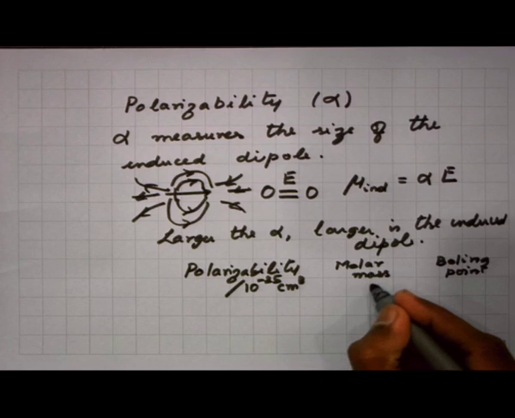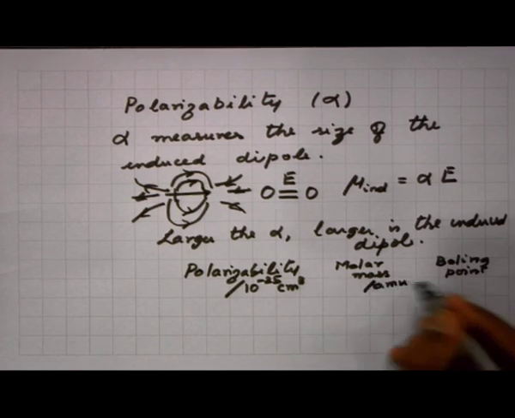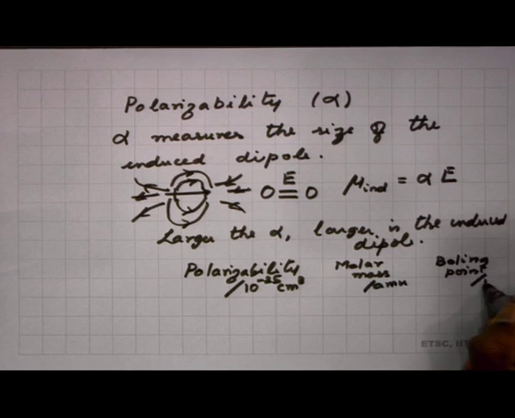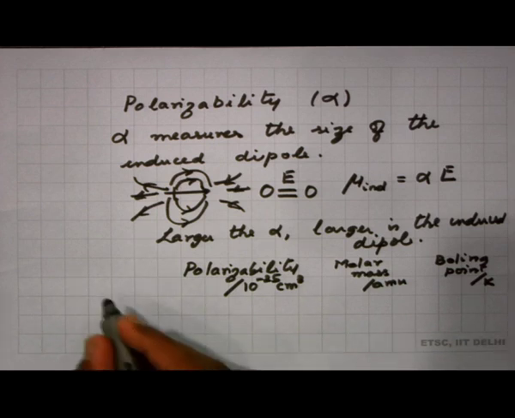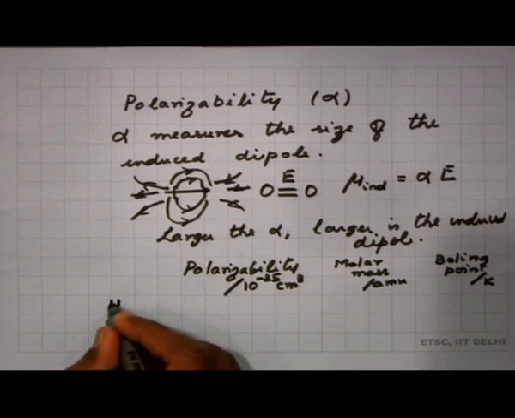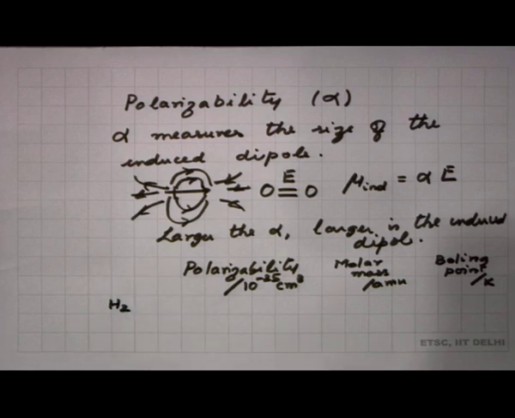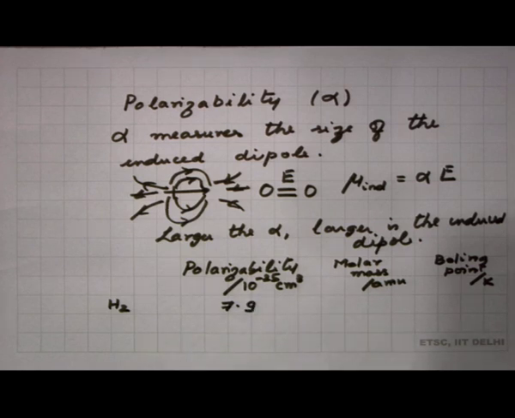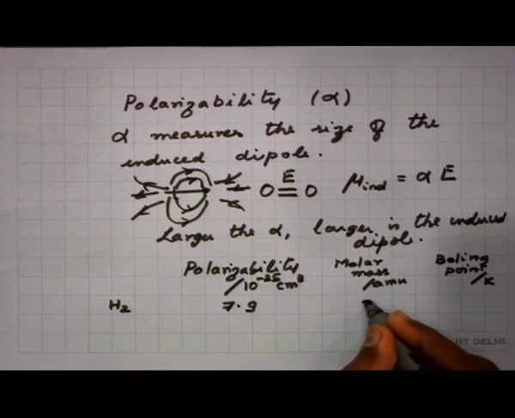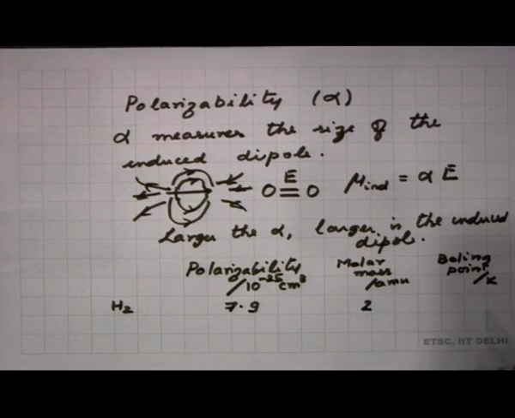So, the molar mass I write in AMU and the boiling point in Kelvin, which in a later section you will know that to convert from degree centigrade or Celsius to Kelvin, you have to add 273.15. So, the first molecule that we look at is hydrogen. It has a polarizability of 7.9, its molar mass is 2 AMU and has a boiling point of 20 Kelvin.